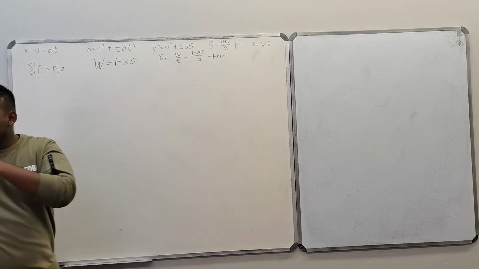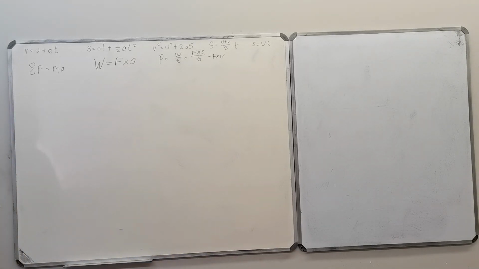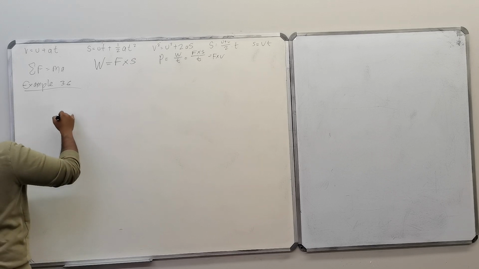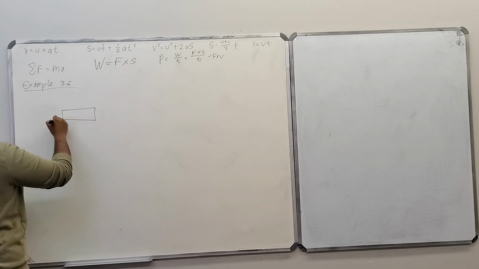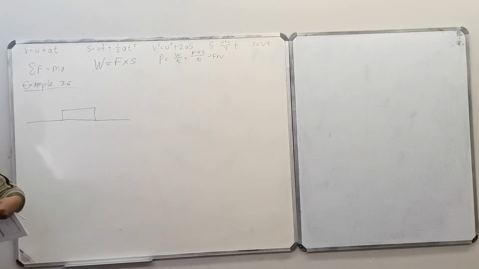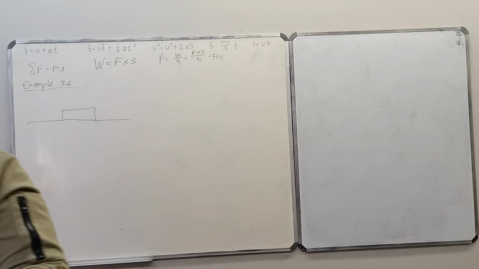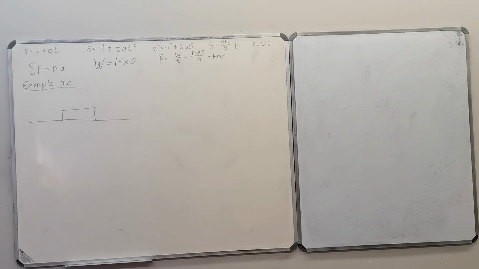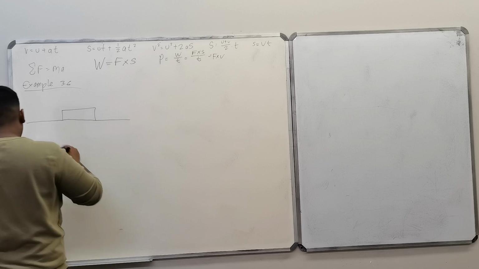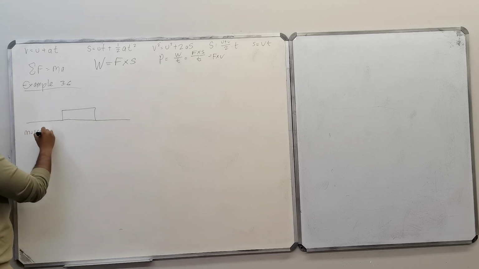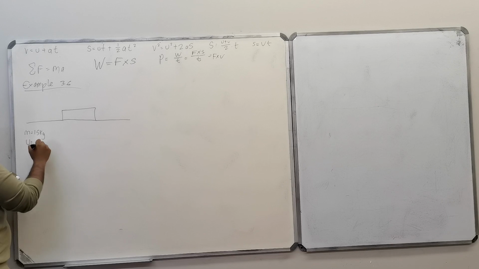Okay, is everybody clear on that? Everybody understands? Okay, so let's do an example. An object with a mass of 15 kg is at rest on a horizontal plane. So the mass is equal to 15 kg. The object is at rest, so its initial velocity is 0.